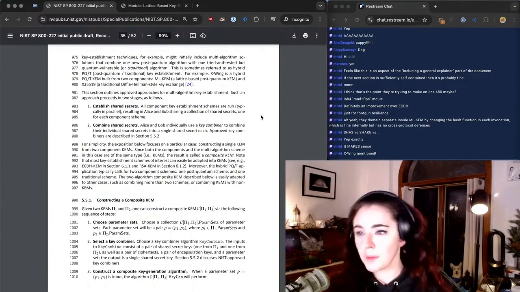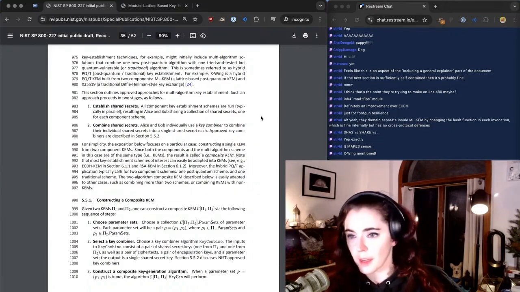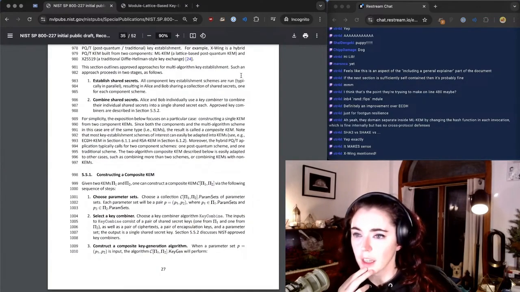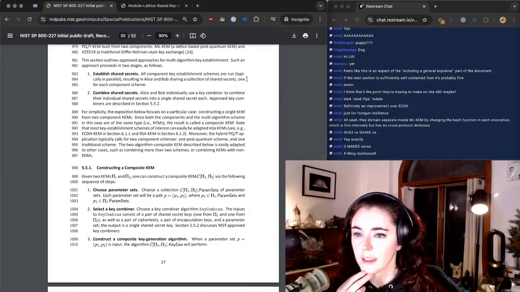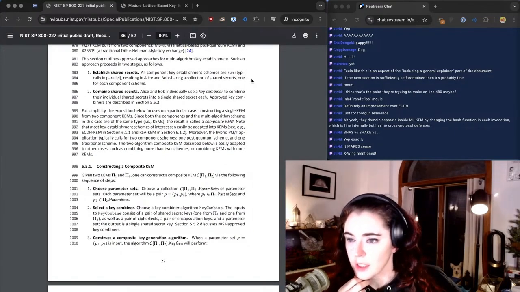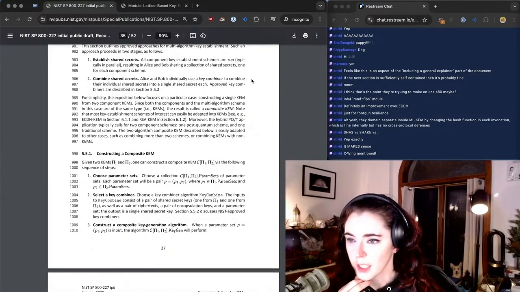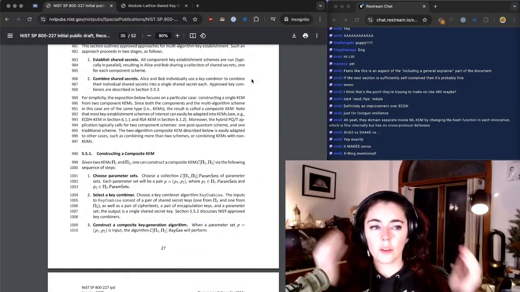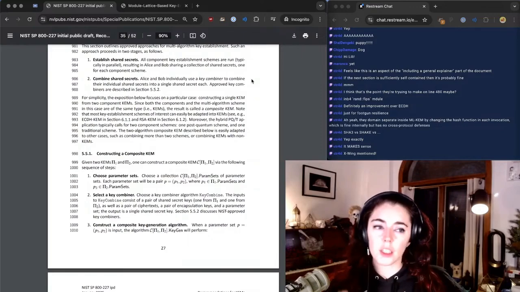X-Wing is a hybrid post-quantum traditional KEM built from 2 components, ML-KEM and X25519. Okay. Approved approaches for... oh god, all right. Establish shared secrets. 2 stages. Yes. Combined shared secrets. Yes. I hate key combiner. I know this is a term that came from a paper, and the paper is very good.